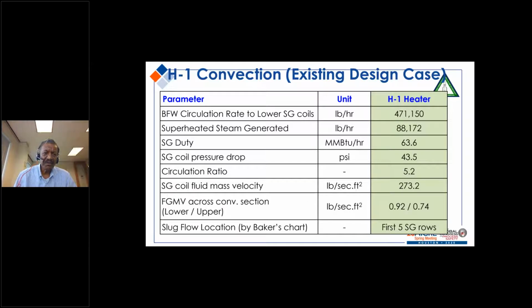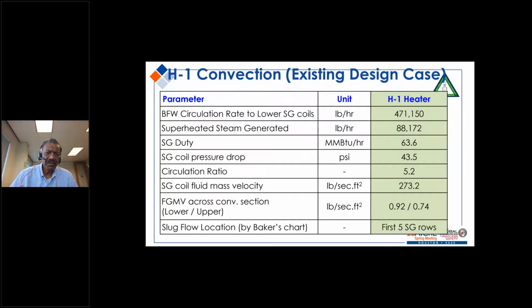The flue gas mass velocity in the convection section was 0.92 in the shield rows and 0.74 in the upper rows. We looked at the two-phase flow in the steam generation coils, and we analyzed the flow regime using Baker's chart, and the first 5 steam generation rows were experiencing slug flow.